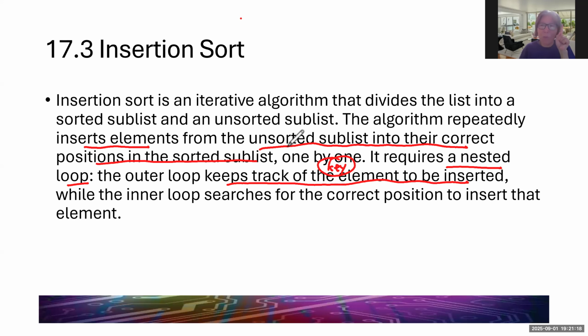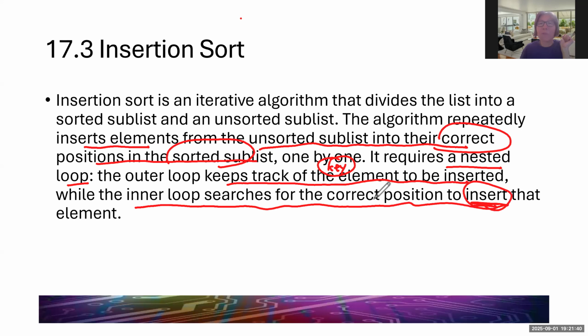The outer loop tries to get the key to its correct position in the sorted sublist. And what the inner loop does is search for the correct position to insert. Because it searches for the correct position to put the item, to insert, that's why we call it insertion sort.